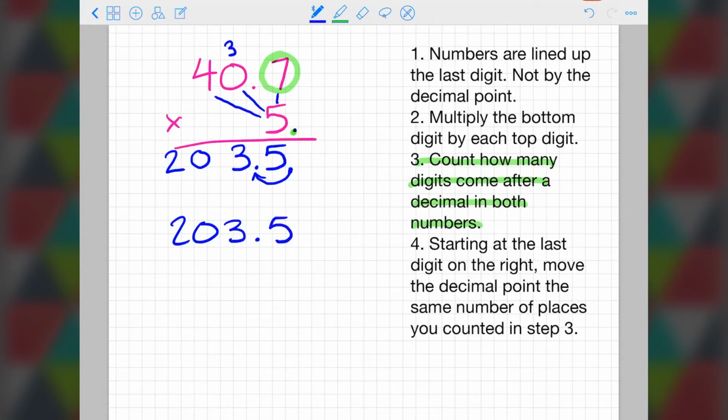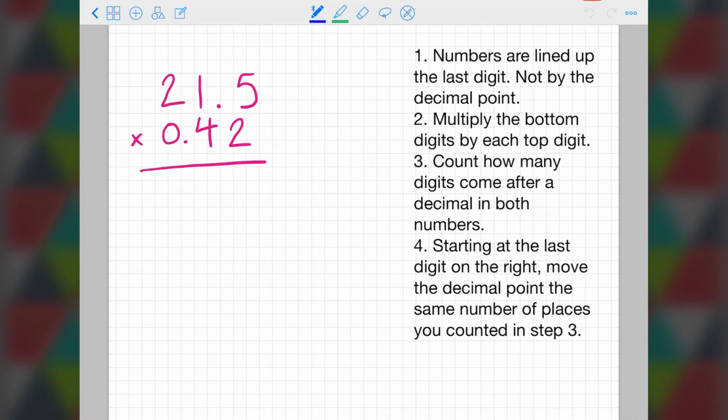Okay, let's try another one. This time we have more digits on the bottom, so we'll see what to do when that happens. So this is 21 and 5 tenths times 42 hundredths. Starting with our first digit here, the smallest digit, to the one right above, 2 times 5 is 10.